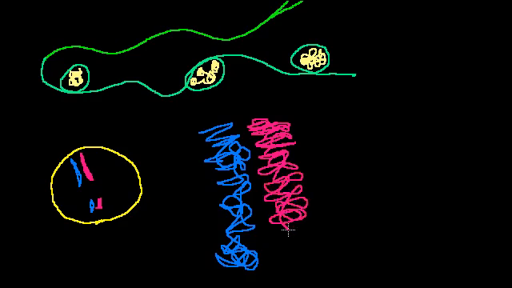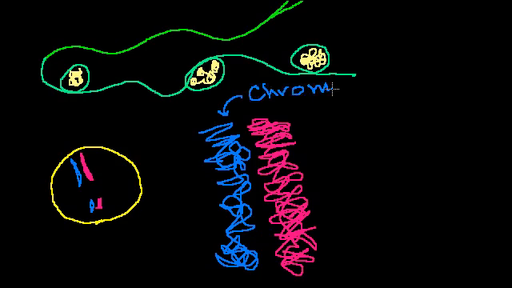So when we talk about this one chain, let's say this one chain of DNA that I got from my dad, in this structure, we refer to that as a chromosome. Chromosome. Now, I want to be clear here, DNA only takes this shape at certain stages of its life.